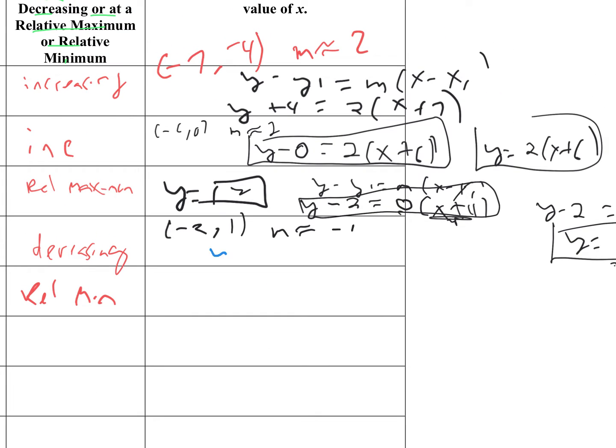So y minus the 1 equals to the -1 times x minus -2, x plus 2. And I'm going to leave it. Could I simplify it easily and solve it for y? Sure I could. I don't have to. So why do it? On the AP test, that can make a difference of you getting a point or no point. Because you're only human. We all make mistakes when we rewrite things. It happens to us all.